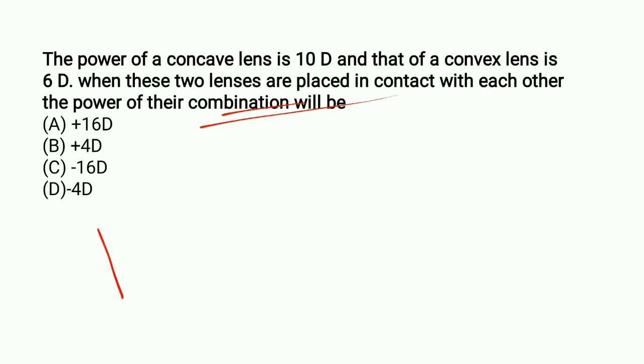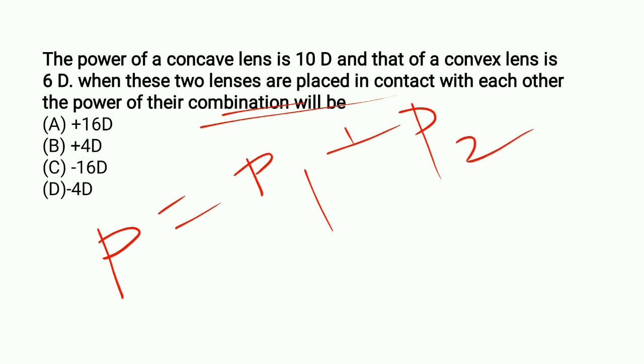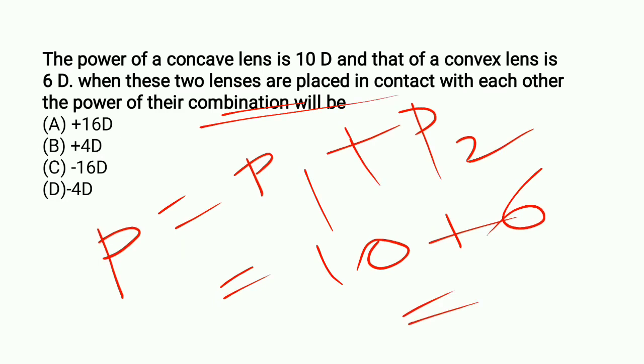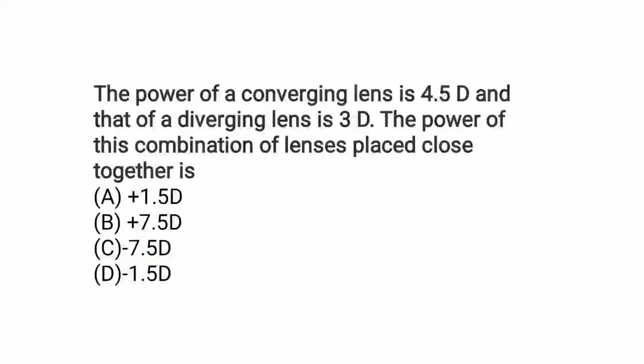I take P1 for the first lens and P2 for the second. The power of the first lens is 10 and the second is 6. Adding these two, you get 16. So 16 diopter is the total power of the lens. Option A, plus 16 diopter, is the correct answer.